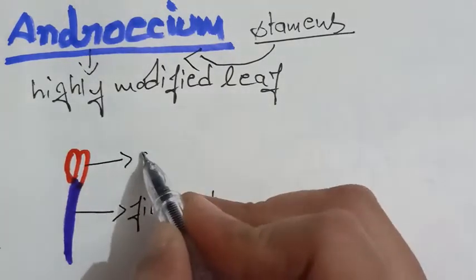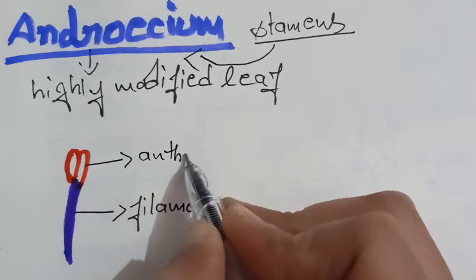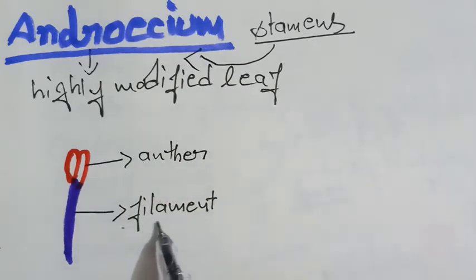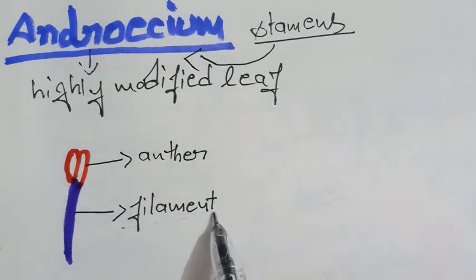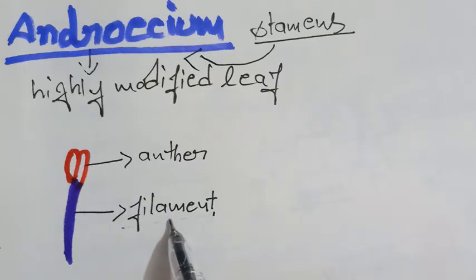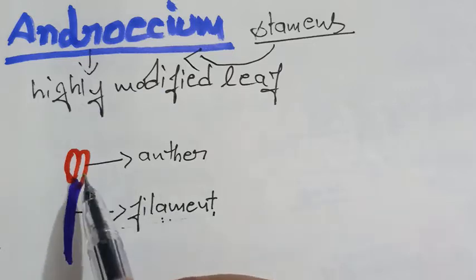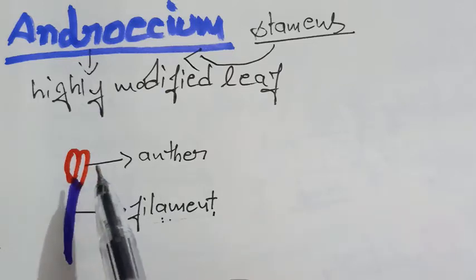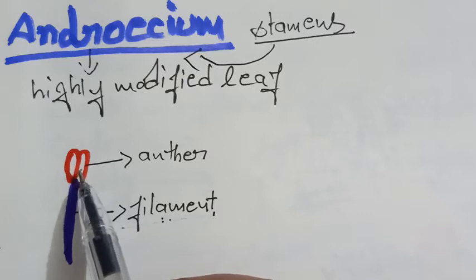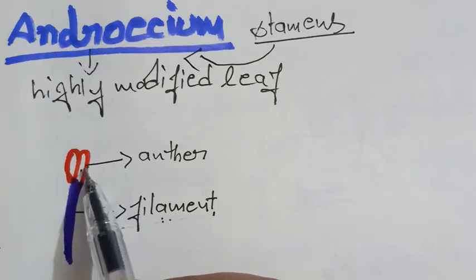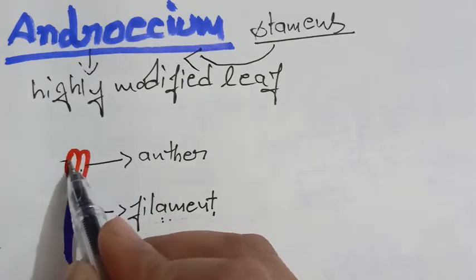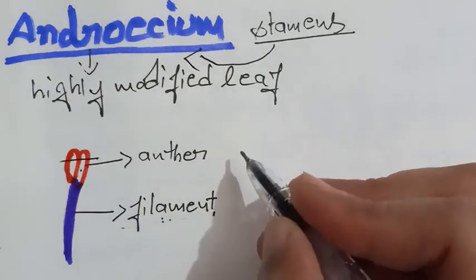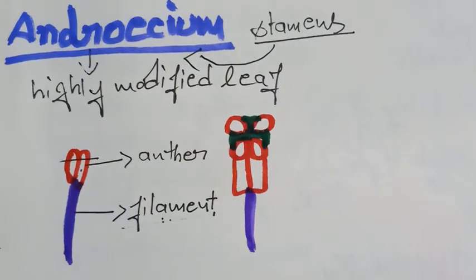So student, typically a stamen consists of two parts. First one, a long stalk-like structure, known as filament. This will bear, it supports the anther. These anther consist of two lobes, means if we cut this from here, we'll get the structure like this.